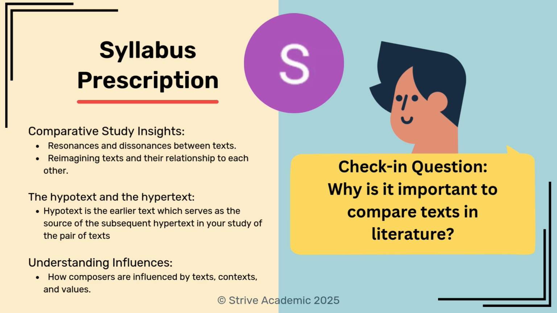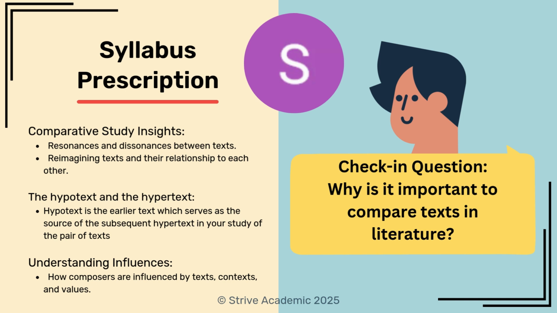Okay, now some key insights that we get from the rubric itself is that there's an emphasis on the terminology of resonances and dissonances between the texts. We'll look at that more deeply as we move on in this video. But looking at resonances and connections, and waves of connection, and looking at dissonances in terms of separations, newer perspective, a change, a contrast, even perhaps.